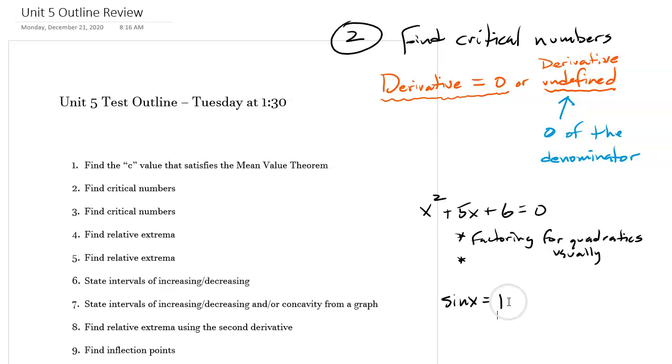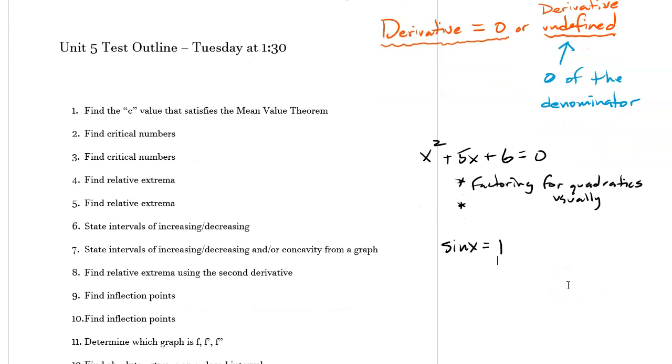Chase, what would we do for the trig ones? How do we solve trig ones? If we get a trig derivative and we're trying to find critical numbers, what do you do for the trig ones again? I think some of you know, obviously.